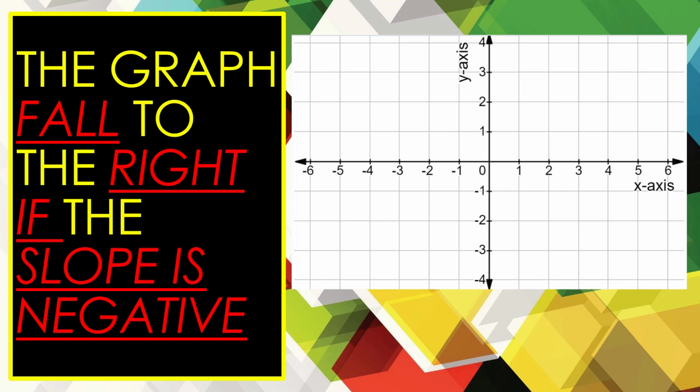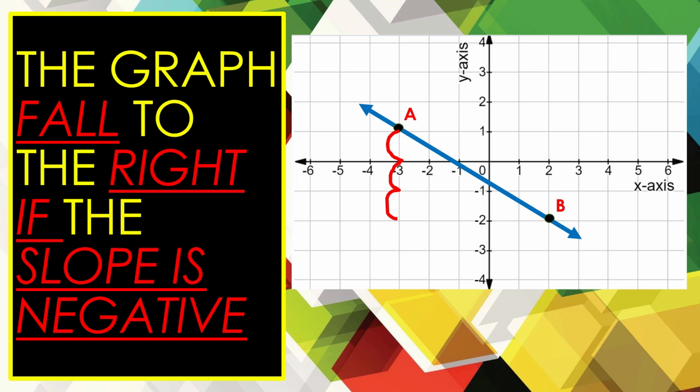The graph falls to the right if the slope is negative. Now, let's have point A and point B. Let us connect the 2 points and let us know the movement of our rise from point A. So from point A, the movement is going downward.